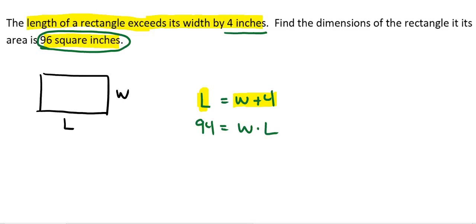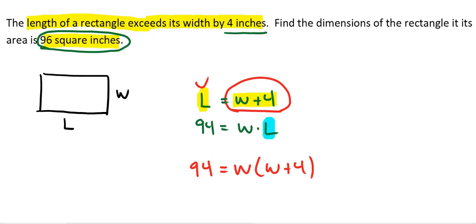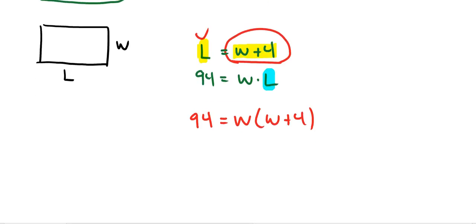If I highlight this blue L, I'm going to replace it with W plus 4, because L equals W plus 4. So I have 94 equals W times bracket W plus 4. After that, I just do a little distribution step. This will be W squared plus 4W equals 94.